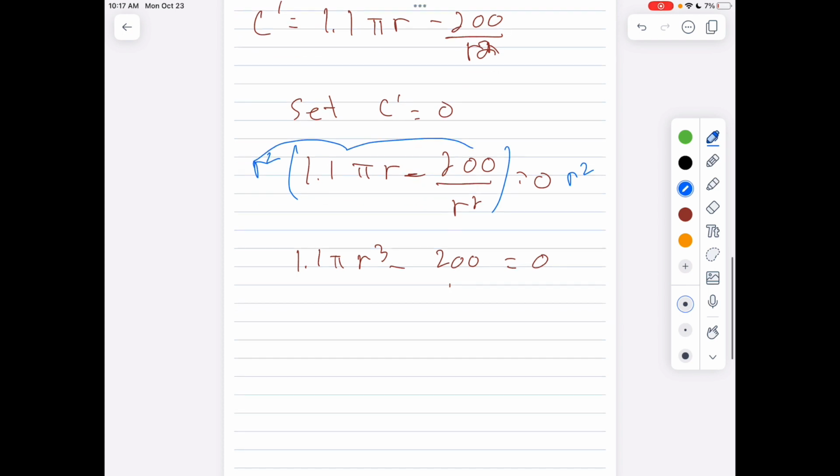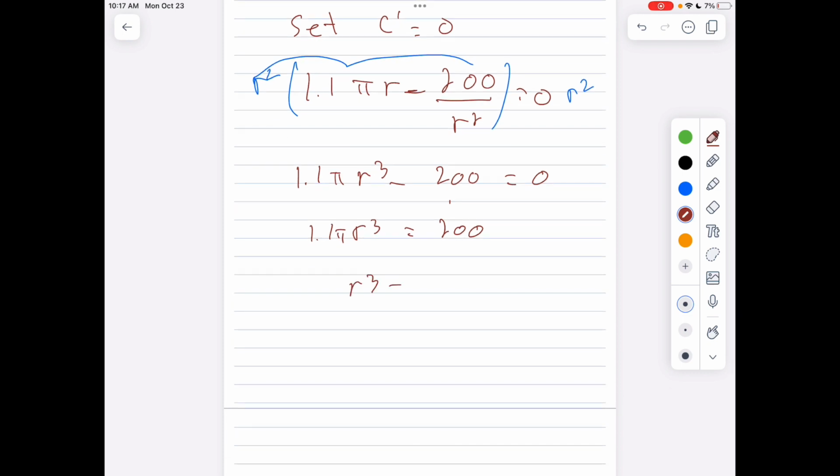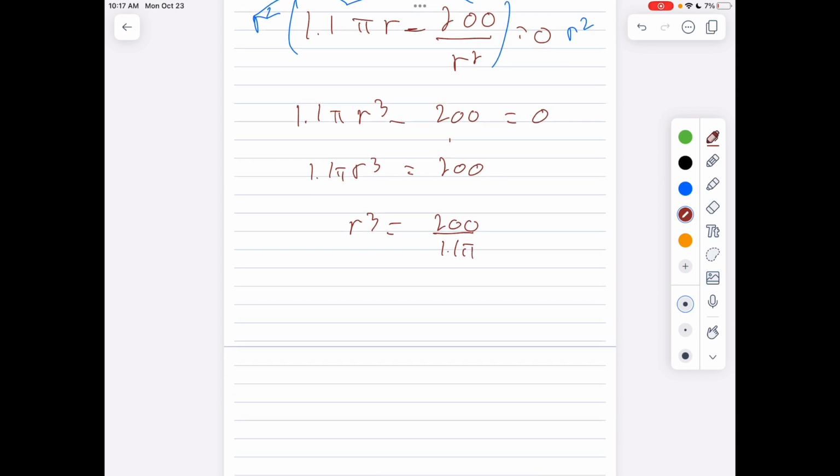That's what I did. Now I'm going to isolate the r cubed by moving the 200 over, adding it over, and dividing by 1.1 pi. Okay, so this is what you get.